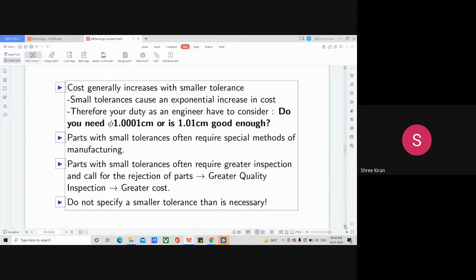While doing the labs, we see measuring instruments with a least count of at most 0.01, 0.02. It is the best way to measure precision and accuracy. Unless it is done, the product will not be for a specific use. So cost generally increases with smaller tolerances, and small tolerances may cause an exceptional increase in cost.